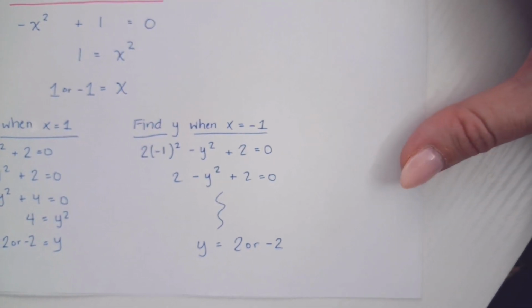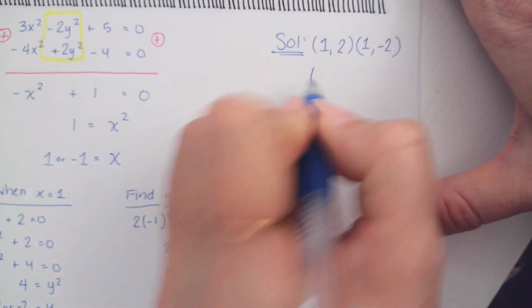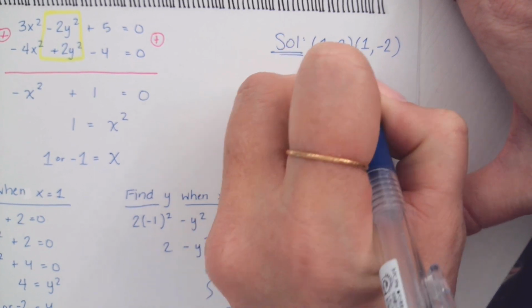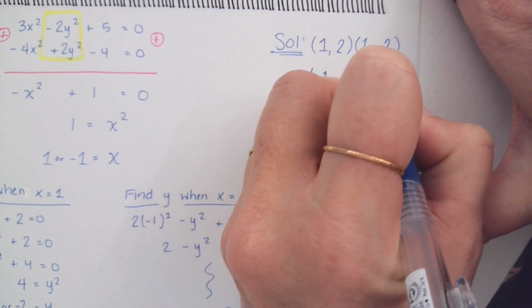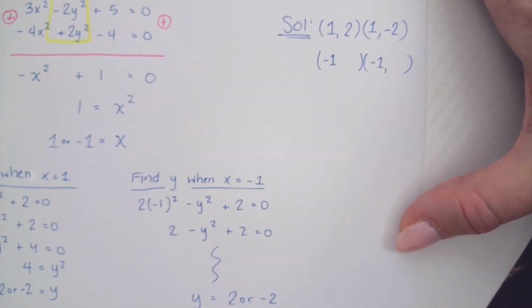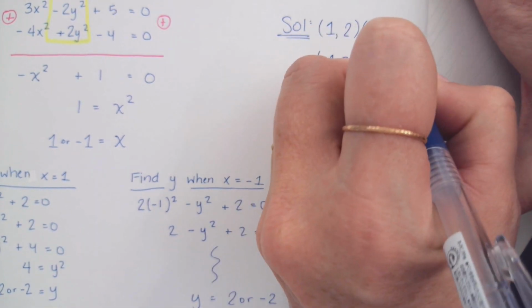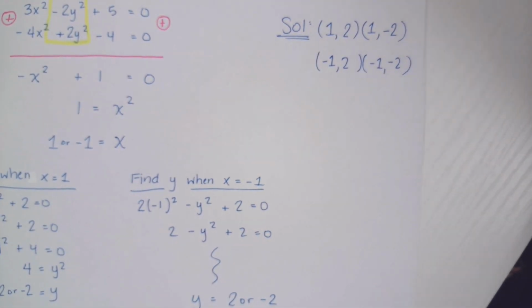So that gives us 2 more solutions. On this one, the x value is negative 1, so it'll be negative 1, 2, and negative 1, negative 2. So 4 solutions total on this one, which remember 4 was a possibility.